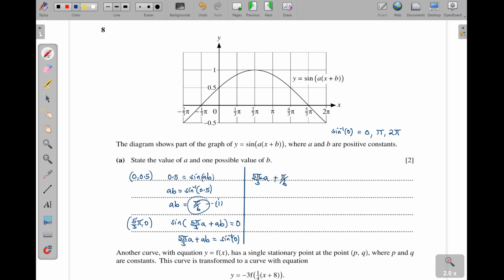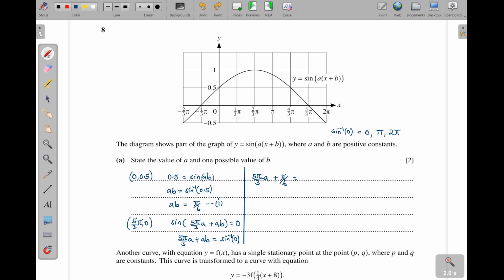If I put 0 here, I will take this one here and it becomes a negative. Then when I divide through by this, I will still get a negative. And yet they said that a and b are positive constants. So I'm not going to take 0, but instead I'll take this one, the 180.